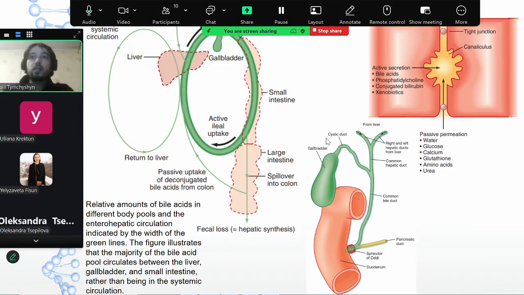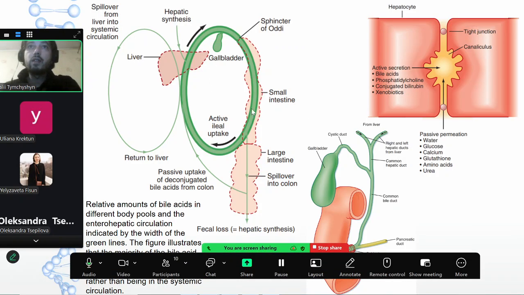The small intestine has a part closer to the stomach, called the duodenum, and then there is the jejunum, which is closer to the large intestine.